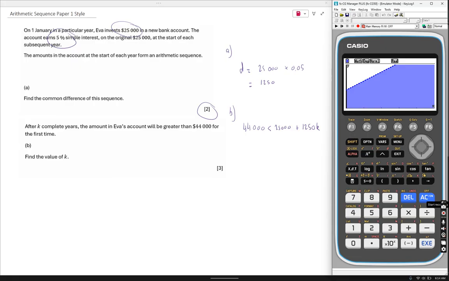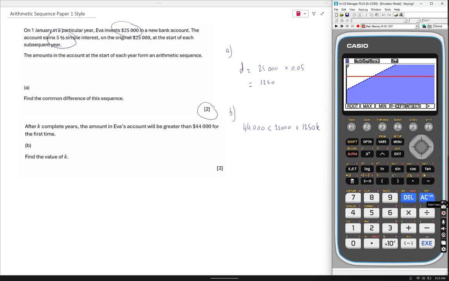Now let's exit out of that, exit again. I need to draw another line. This is how I like to do it. So change the type to equals, and this line is going to be the line when y is 44,000, because that's the number that we're trying to solve for. So press draw. Now you should have 2 lines.